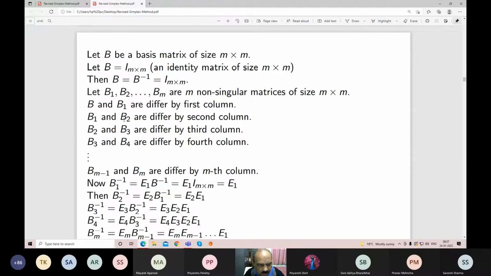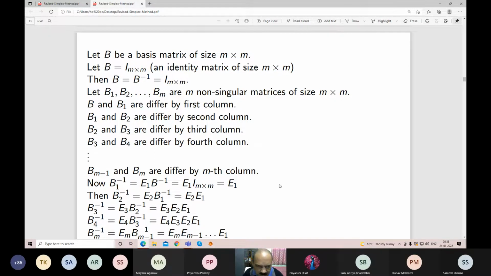Then B1 and B2 differ by the second column. B2 and B3 differ by the third column. Similarly, B3 and B4 differ by the fourth column. Similarly, Bm-1 and Bm differ by the last column. Is it all right?